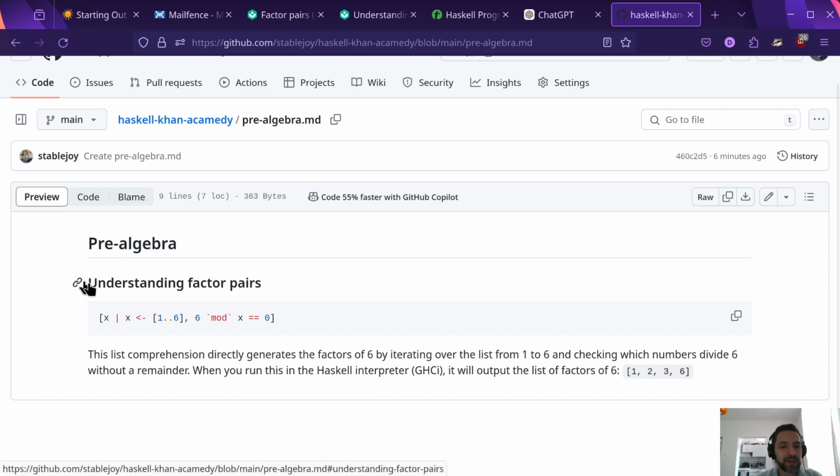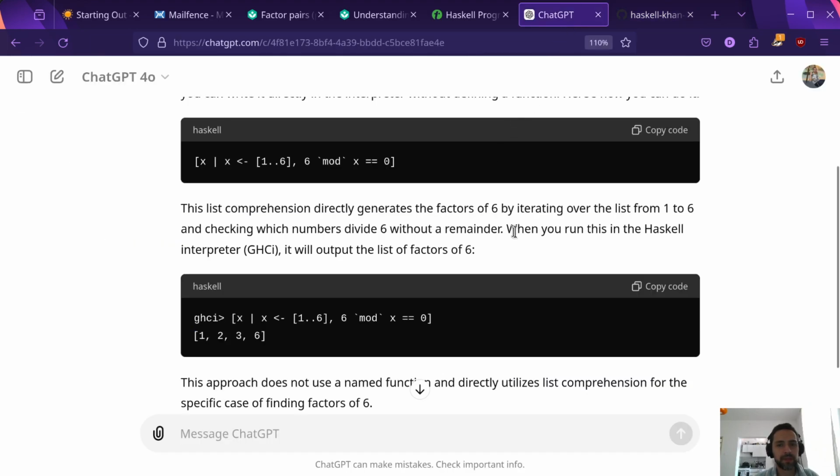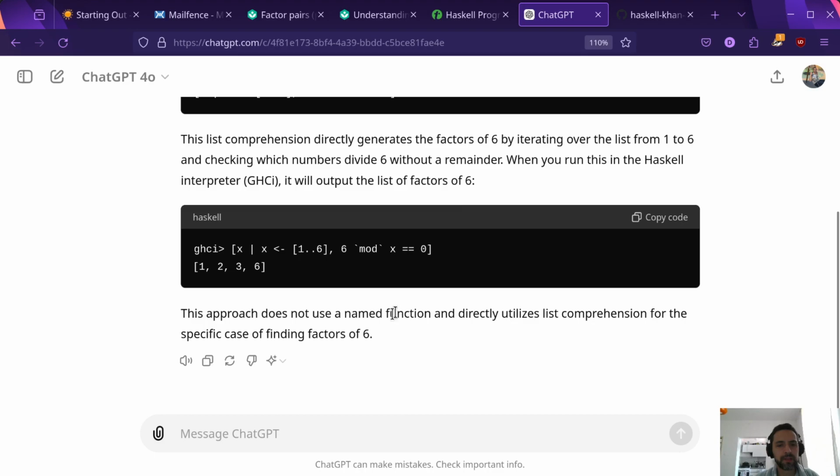Understanding factor pairs. That's beautiful. Now a more generalized one. This approach does not use a named function and directly utilizes list comprehension for the specific case of finding factors of 6. Let's check this again.